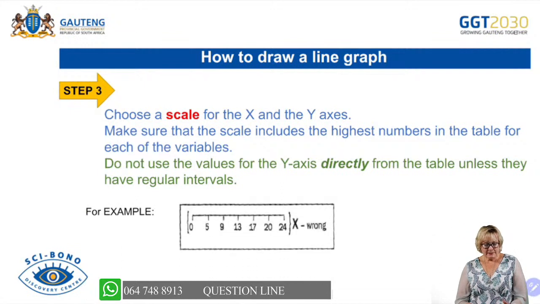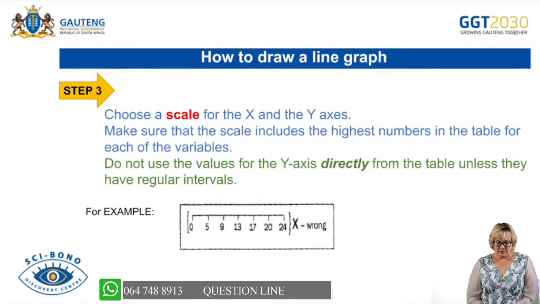For example, let's look at this one. This was given, and this is an axis drawn by a learner. Look at this scale: 0, 5, 9, 14. From 0 to 5, what is the difference? It's 5. From 5 to 9 is 4. From 9 to 14 is 4.